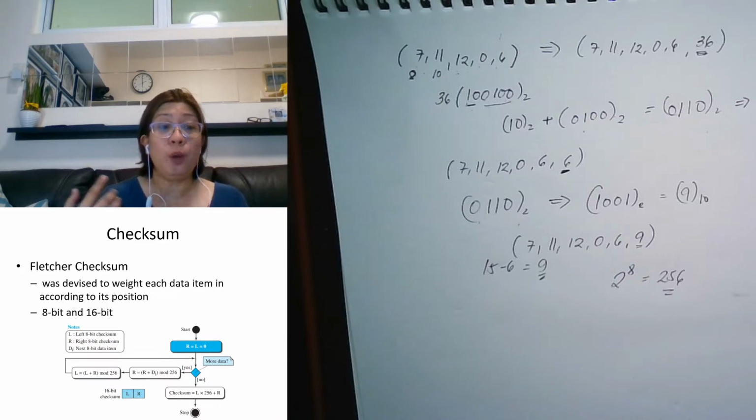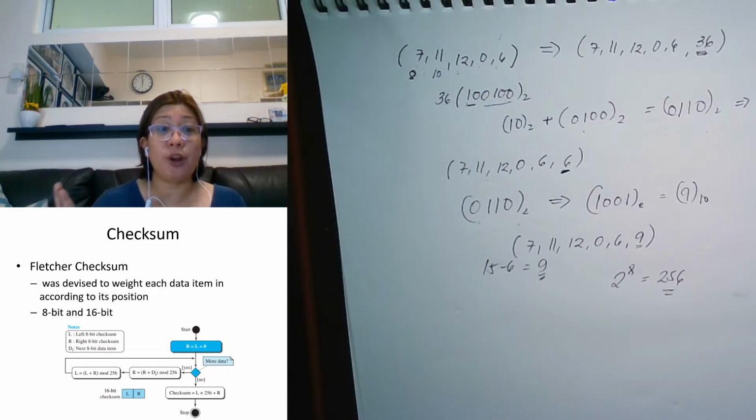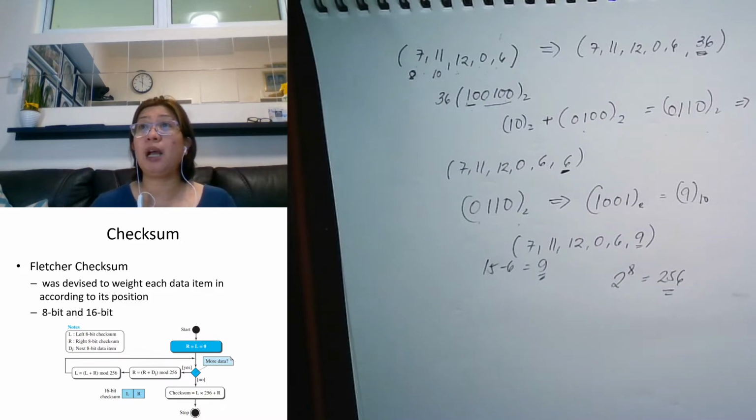Okay, so as you can see from the figure, it has two accumulators: you have your L and you have your R. The L accumulator simply adds data items together, while the R accumulator adds a weight to the calculation.